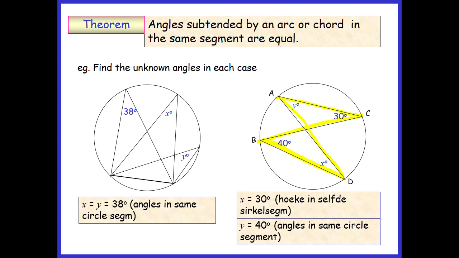Dan sien julle die X lê aan dieselfde kant van die striktas en die Y en die 40 lê aan dieselfde kant van die striktas. So they go together. Okay. I'm going to stop with that one for now.